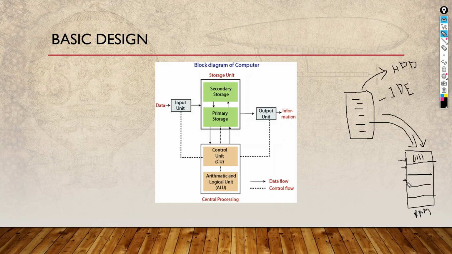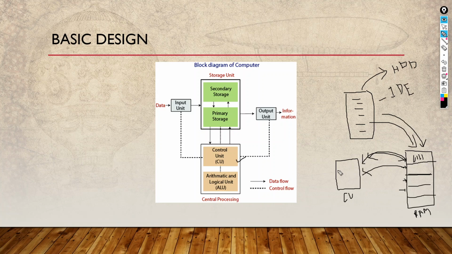All the instructions are contained in the RAM, and then from here they are fetched one by one by the CU, that is the control unit, right here. What does the control unit do?